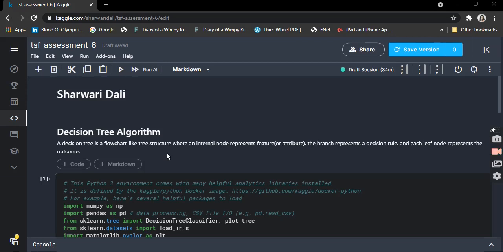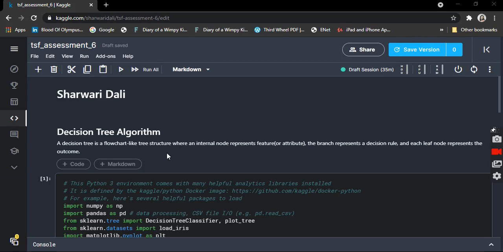This is done until one of the conditions is met: all the tuples belong to the same attribute value, there are no more remaining attributes, or there are no more instances.